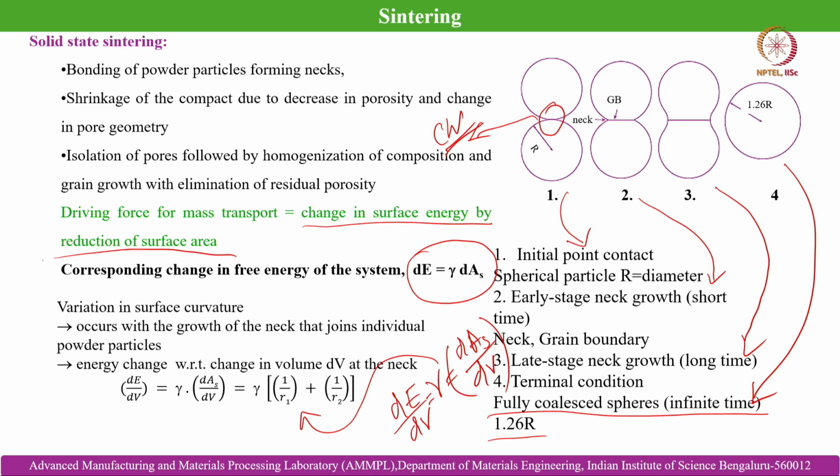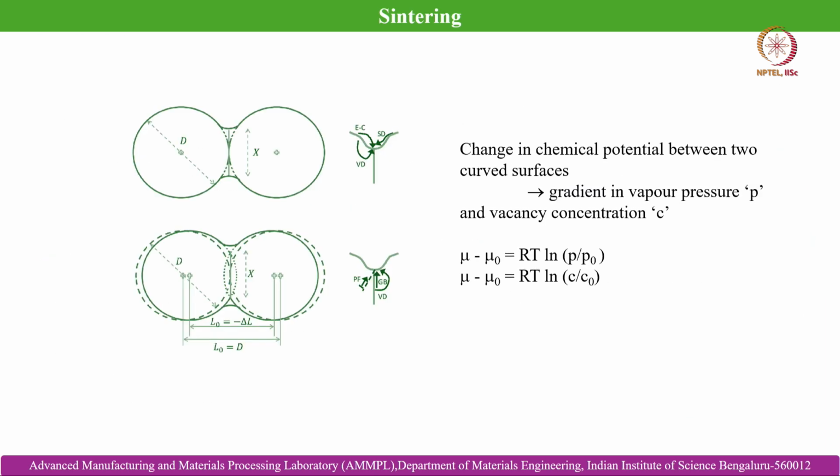Okay. So these are the driving forces for sintering. You can see this is the coalescence between two neighboring powder particles, the neck formation. The change in chemical potential between two curved surfaces happens due to gradient in vapor pressure P and vacancy concentration C, which is shown over here.